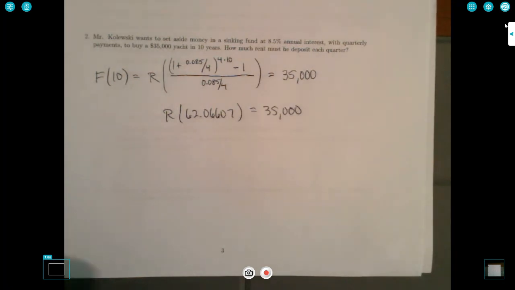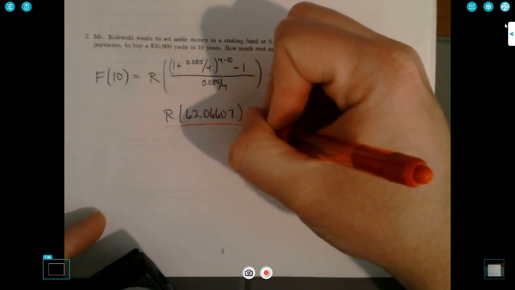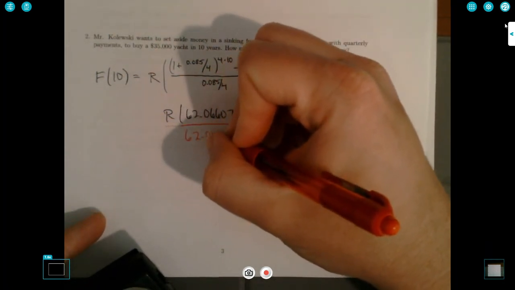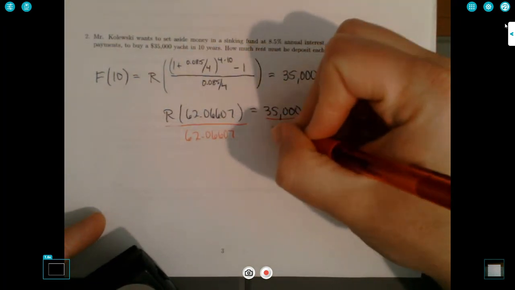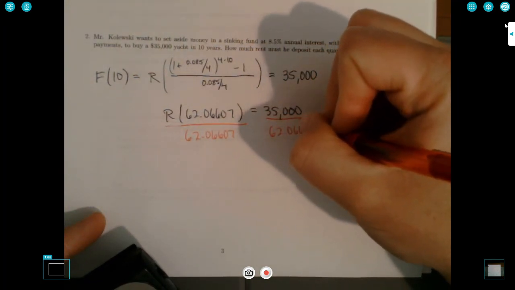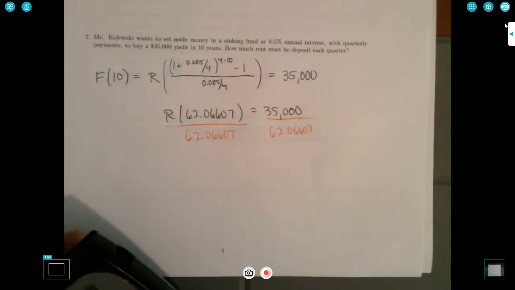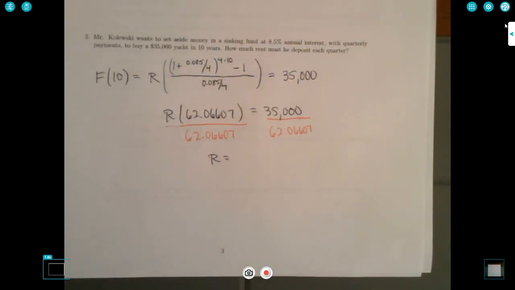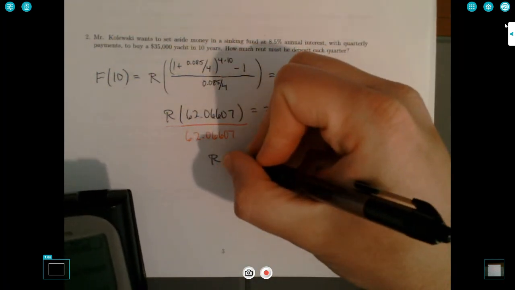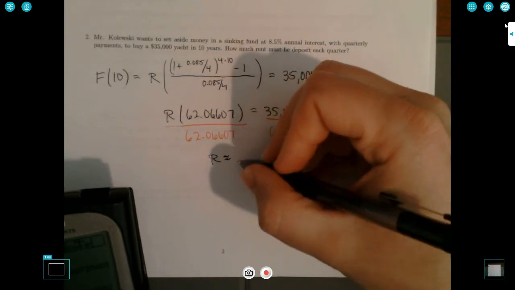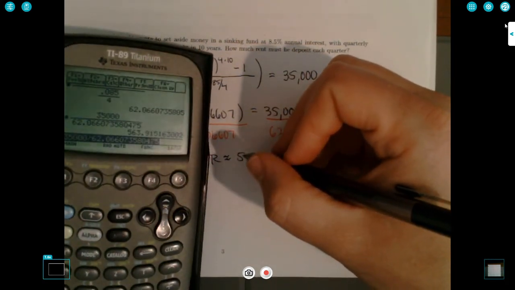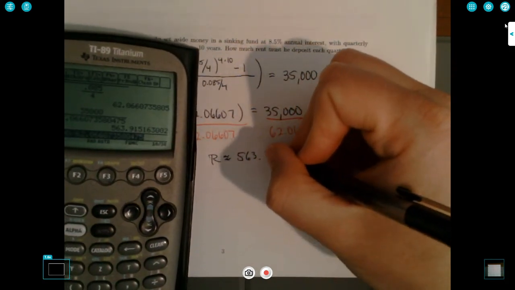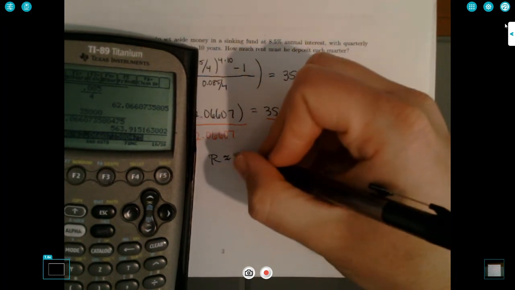Okay, and so then to solve for R, I can divide by 62.06607. And we get R equals 35,000 divided by that number, which comes out to about $563.92.